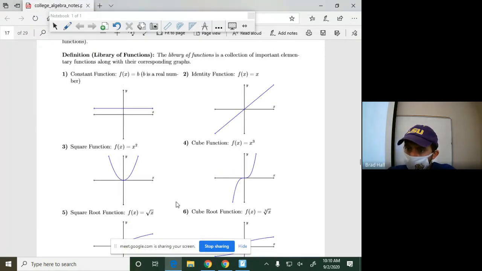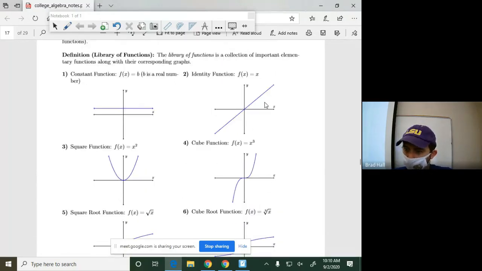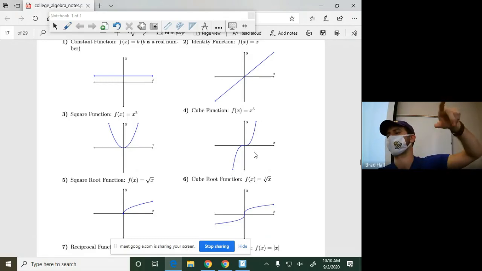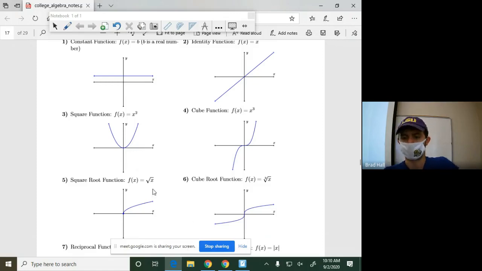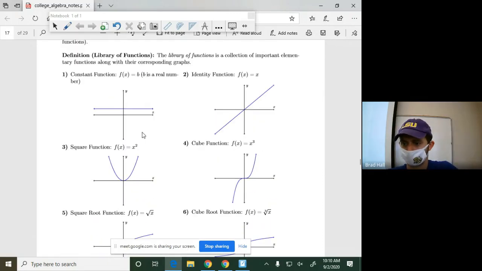And there's nothing really to say about it other than we're going to be referencing this, probably the most important ones, the square and the cube functions. Square is a cup shape, and cube is a snake-like shape. Square root's pretty important as well. Other ones we might not touch on as much.